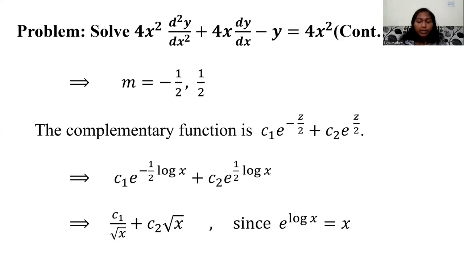Now 1 by 2 times log x is nothing but log of x raised to 1 by 2, and e raised to log of x^(1/2) is x raised to 1 by 2, which is root x. So we can rewrite the above step as c1 divided by root x plus c2 into root x. Similarly for the negative, root x will appear in the denominator.